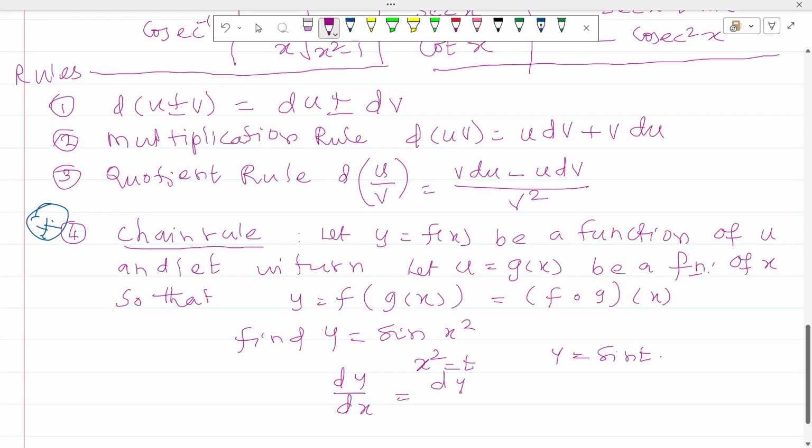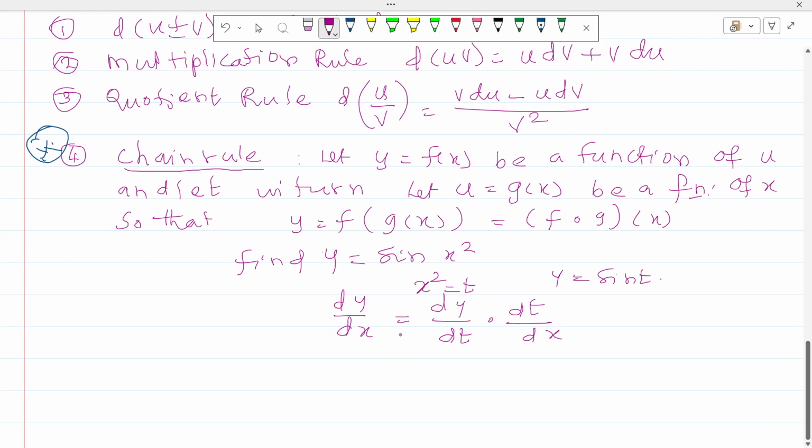That means you have to write dy by dt, because y is a function of t and t is a function of x, then we can write dt by dx. Any doubt in this step? This is the chain rule actually.